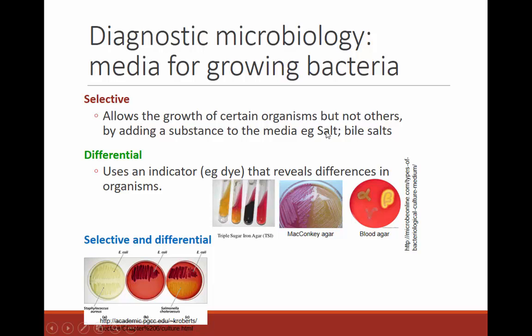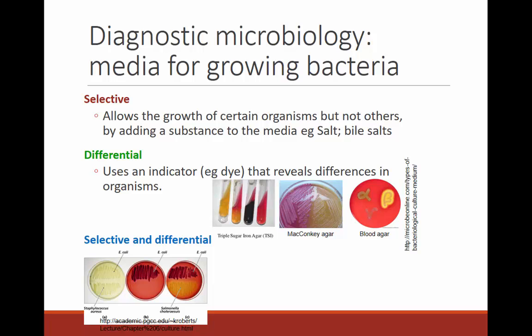Salt is an interesting one because if you think about salt on our skin, we have quite a bit of salt on our skin, sometimes more than others. Staphylococcus species, so epidermidis and aureus, can tolerate concentrations of salt. Staph epidermidis can cope with about 5%, possibly a little bit less.